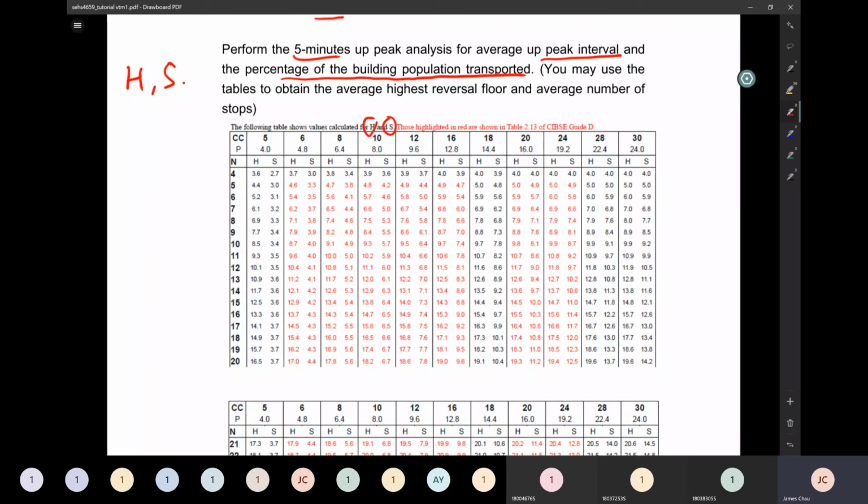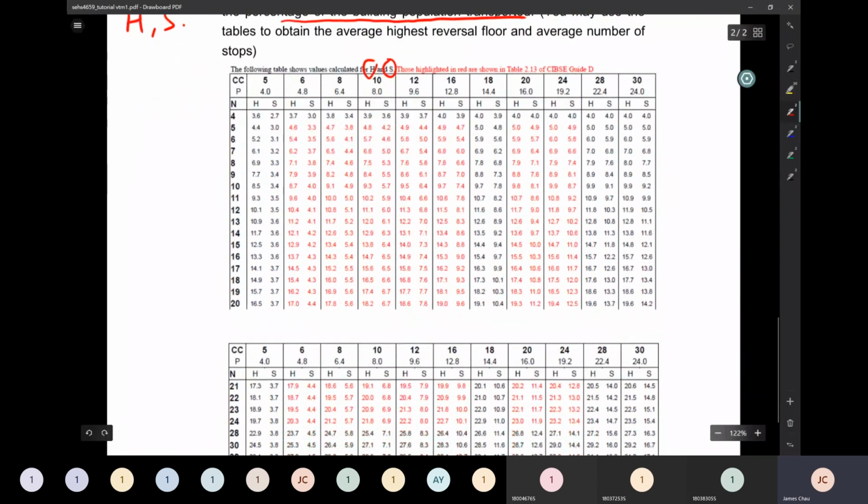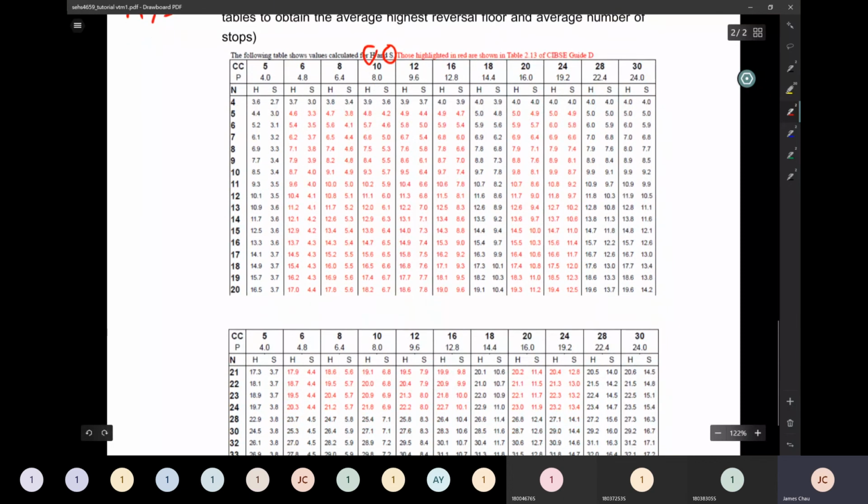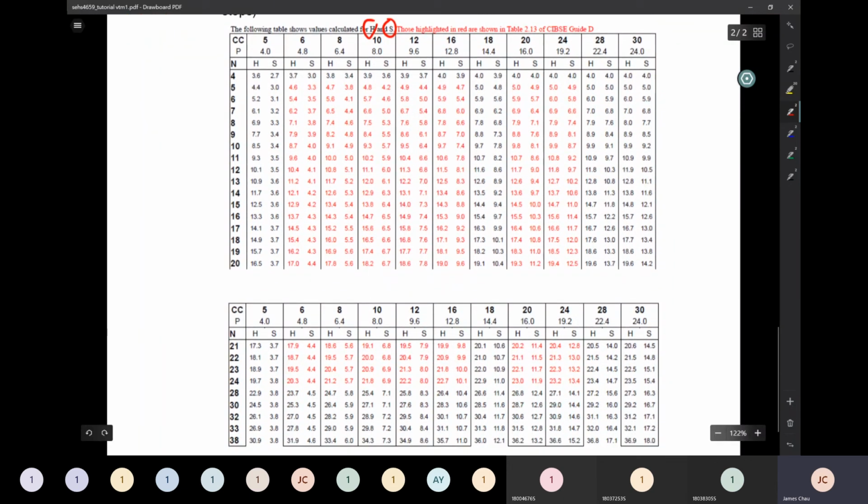Now, according to the information provided by the question, the building has 24 floors.